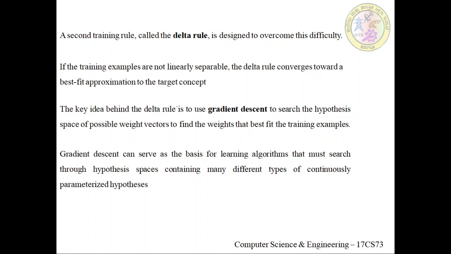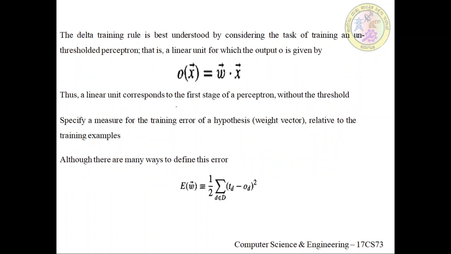The delta training rule is best understood by considering the task of training an unthresholded perceptron, that is, a linear unit for which the output O of x vector equals w vector dot x vector.